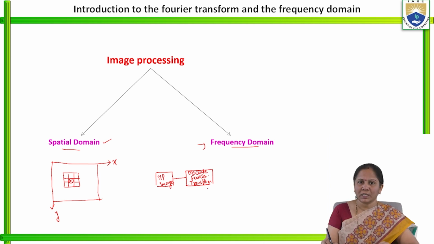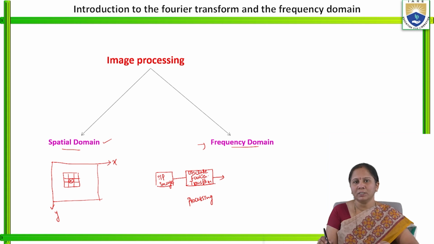The processing will be done on the image in this discrete Fourier transform. After this discrete Fourier transform, it will be converted into the frequency domain.